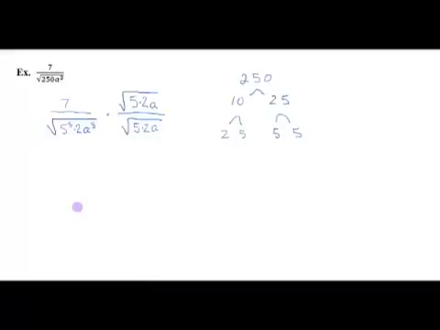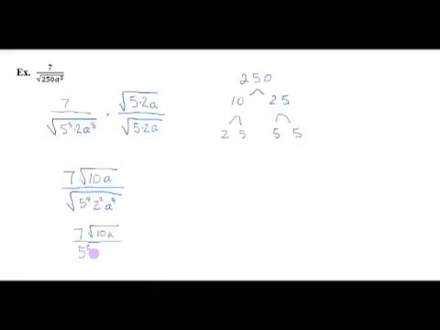Now we go ahead and multiply the numerator. We get 7 square root of 10a all over the square root of 5 to the 4th, 2 squared a to the 4th. That gives me 7 square root of 10a on top. And on the bottom, the square root of 5 to the 4th is 5 squared.